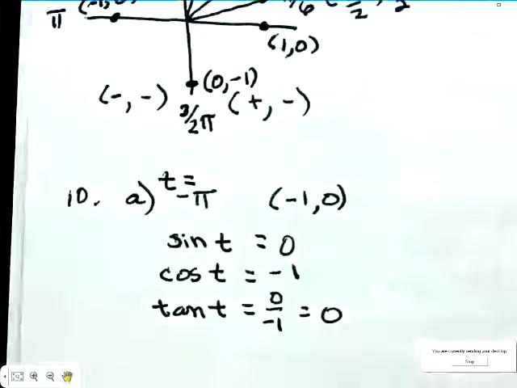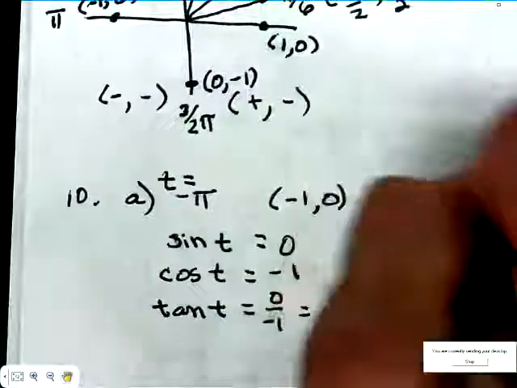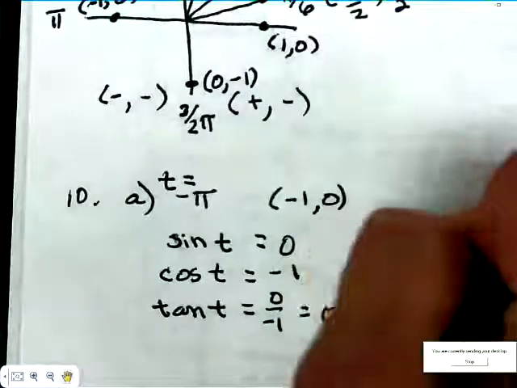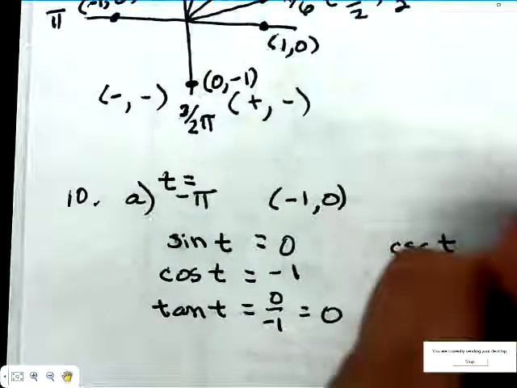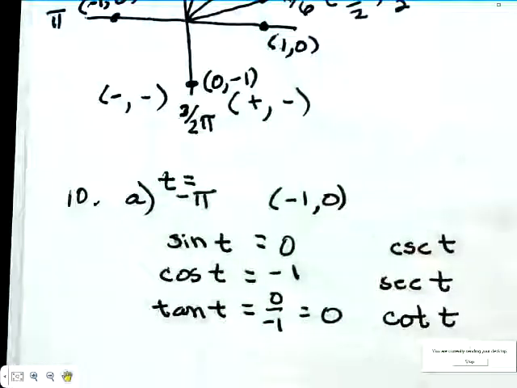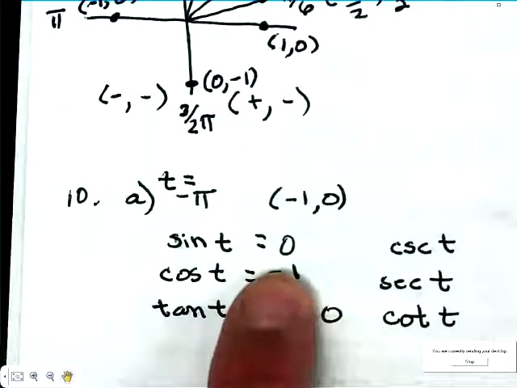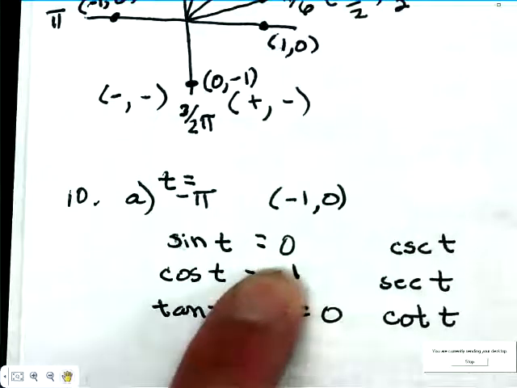And from there, you can find cosecant t, secant t, and cotangent t. Cosecant t would be what? Zero is 0 over 1, and the reciprocal of that is undefined.